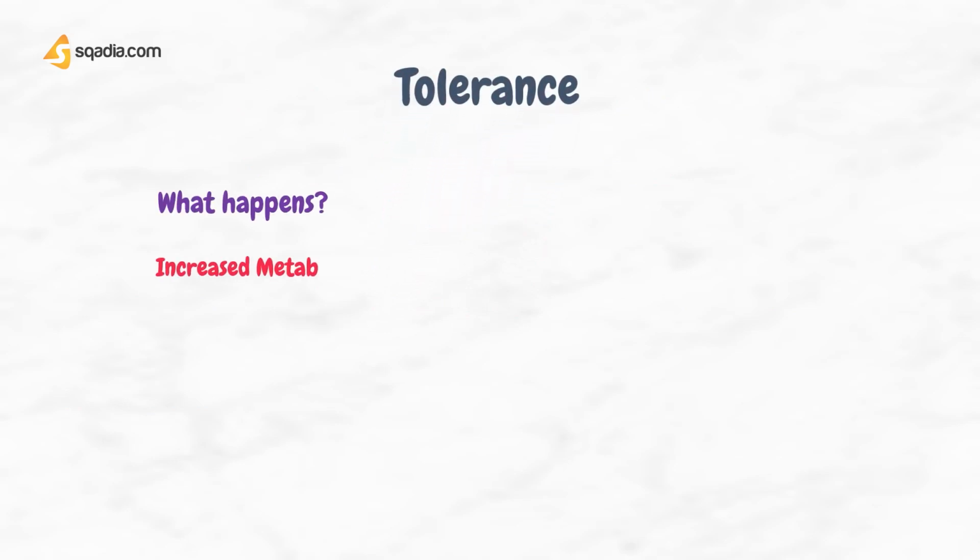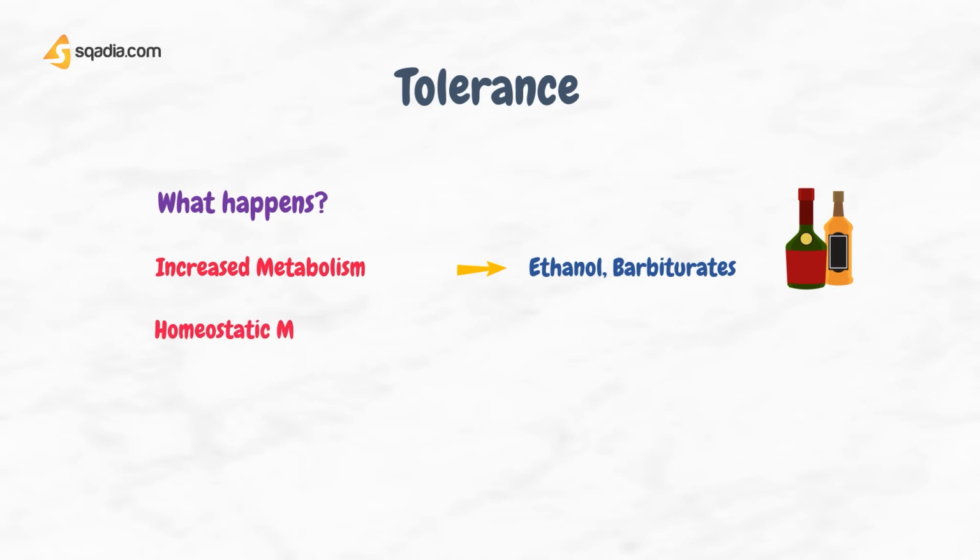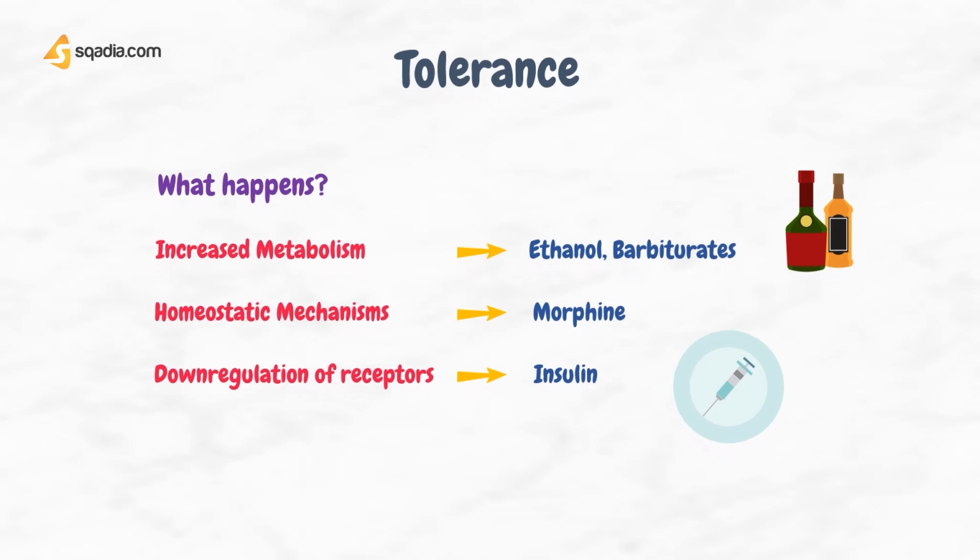Tolerance may involve increased metabolism of a drug. The examples of this would be ethanol, barbiturates, or homeostatic mechanisms. They are usually not understood, but homeostatic mechanisms gradually reduce the effect of a drug, like morphine. A decrease in receptor number or downregulation can also lead to tolerance, for an example in the case of insulin.